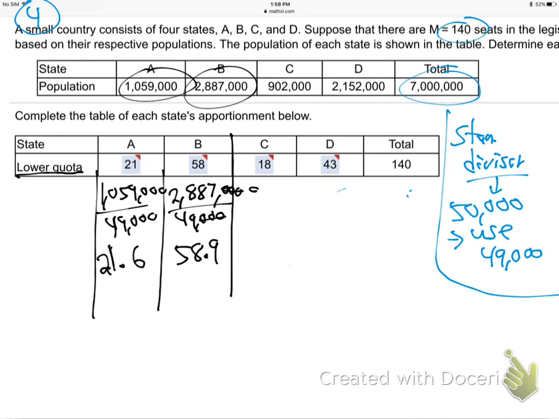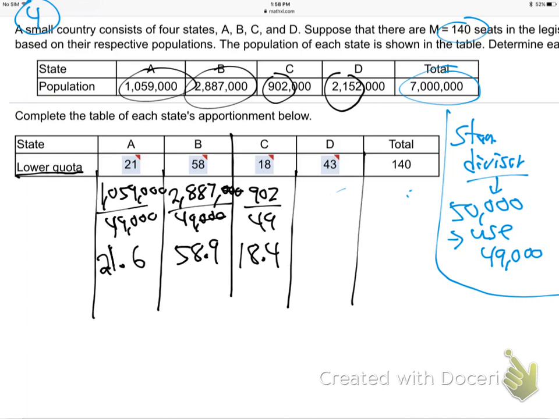Next one, I'm going to go just 902 over 49, cutting out the zeros on the top and the bottom so that doesn't change anything. I'm getting 18.4. And then D, I'm just going to take 2152 over 49, cut out the 3 zeros at the back, top and bottom. And I'm getting 43.9. Good to there?